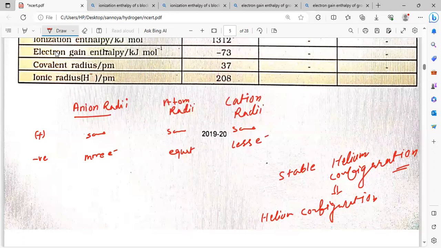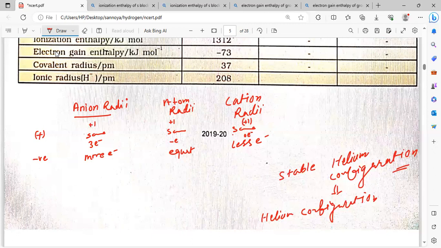So which will have the stronger nuclear attraction? Suppose one proton and zero electron, one proton and one electron, and here one proton and three electrons.